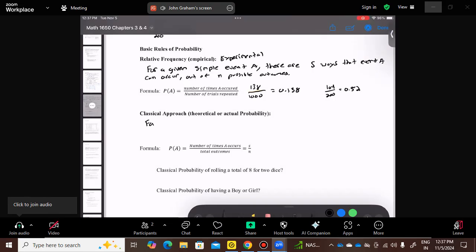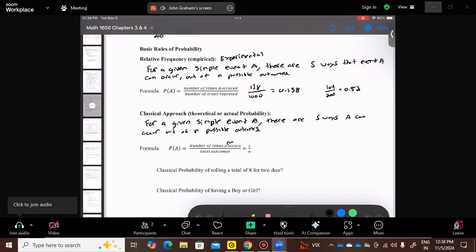For a given simple event A, there are S ways A can occur out of n possible outcomes. Right, so the number of times A can occur over our total possible outcomes.